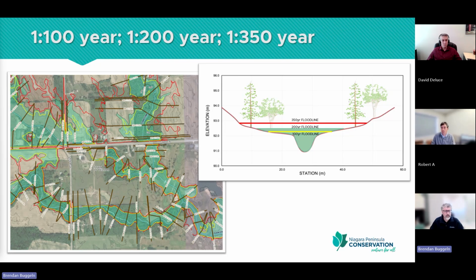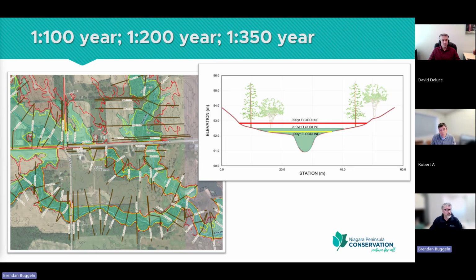In the upstream area, however, the yellow line is the 100-year, and then the 200-year steps out to this light blue area. It's a fairly significant increase, and then there's a much larger increase again up to the 350-year flood line. This area is much more susceptible to potential impacts of climate change. Larger floods just flood larger areas.